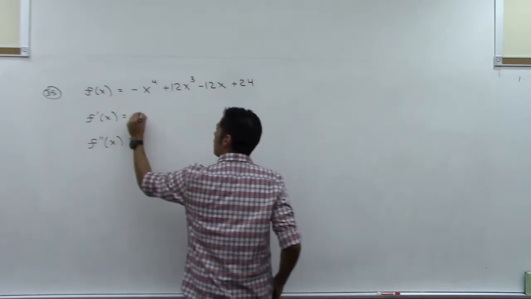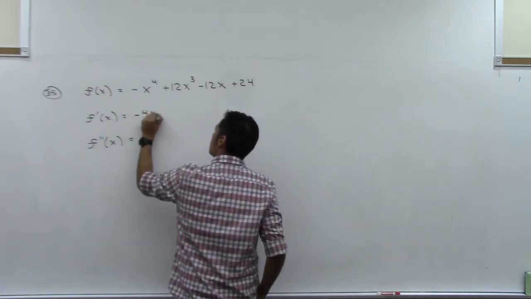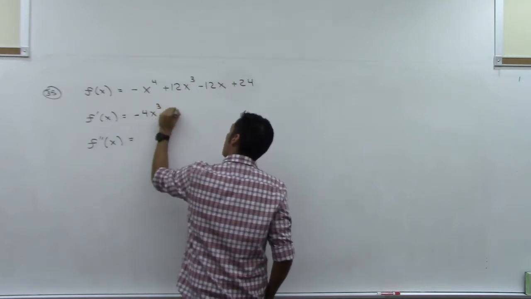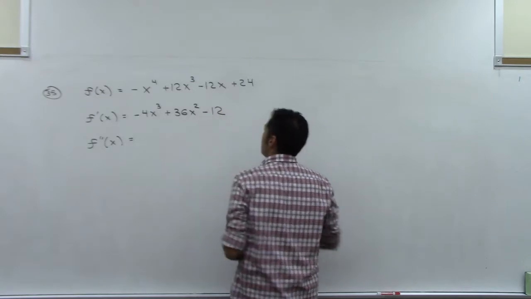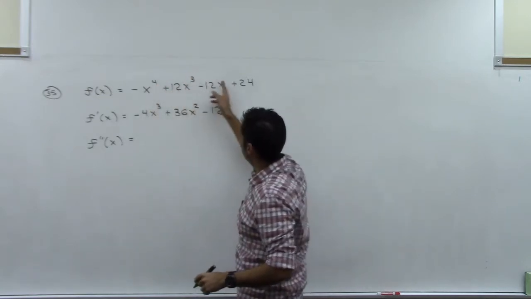Okay, first derivative, negative 4x cubed plus 36x squared minus 12. So I'm just using my power rule on this.